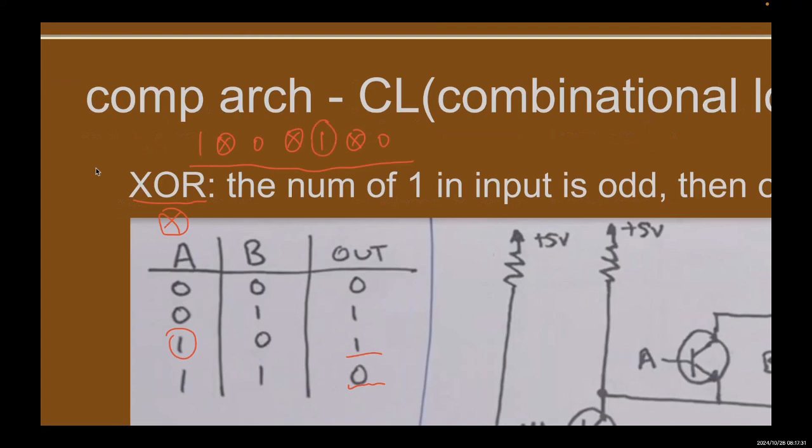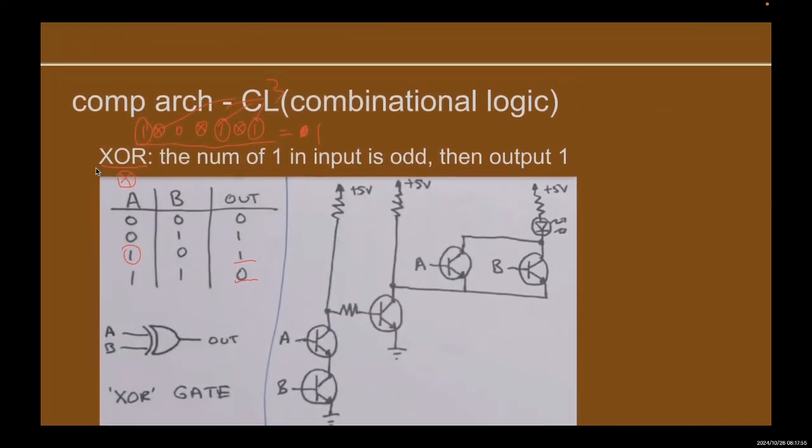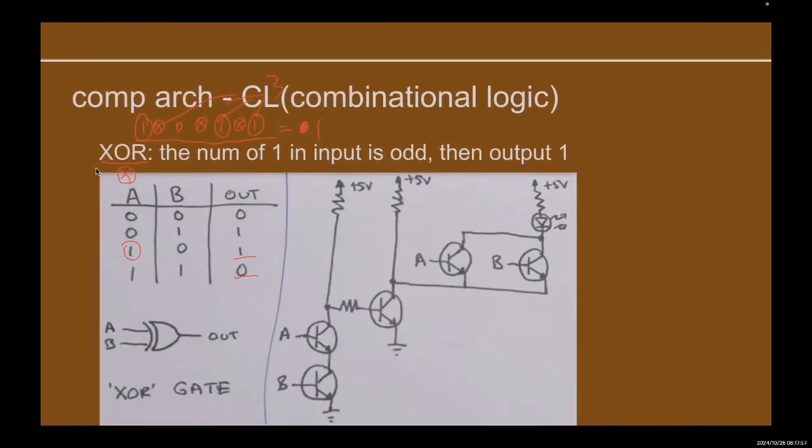So there are two 1s in the input. It's an even number, so the output is 0. And if there are three 1s in the input, then the number of 1s is odd, which is 3, then the output is 1. Is that clear? Yeah. Okay.